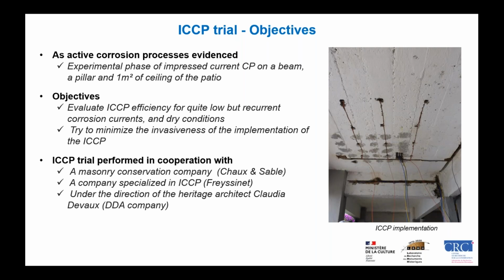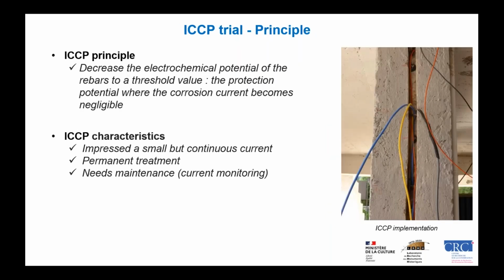And the trial was performed in cooperation with a masonry conservation company, Chaux et Sable, with a company specialized in ICCP, Fraissinet, and everything under the direction of the heritage architect Claudia Deveau, DDA company. So just a few words about ICCP if you're not familiar with that.